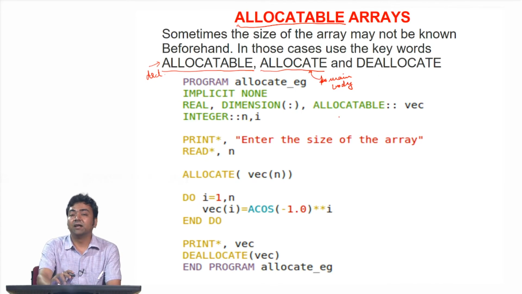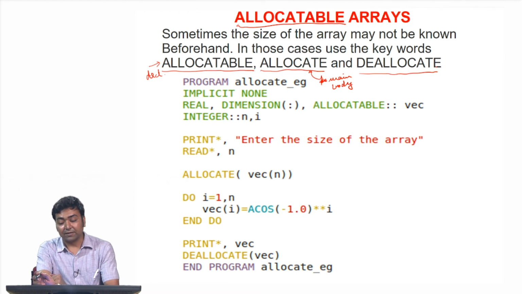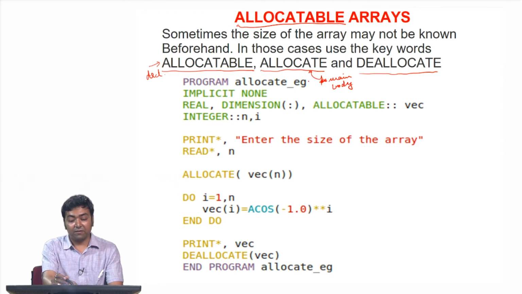Once you are done using the data stored in that array and do not want to use it again, you can deallocate the array. Let us see how one does that. For example, here I have a program where I am trying to assign some values to a vector, but suppose I do not know the size of the vector.